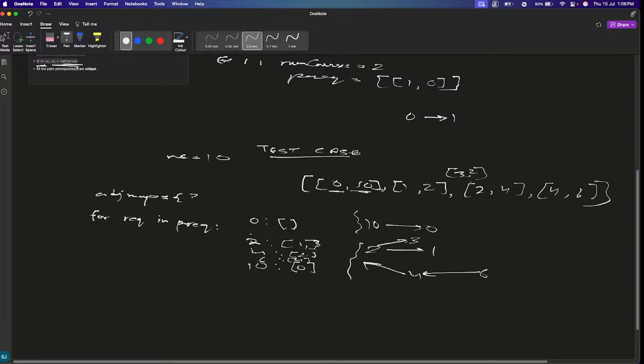And then you could say, value comma key is equal to requisite.